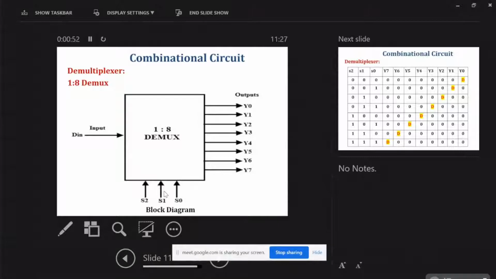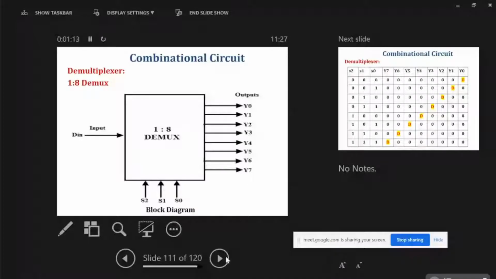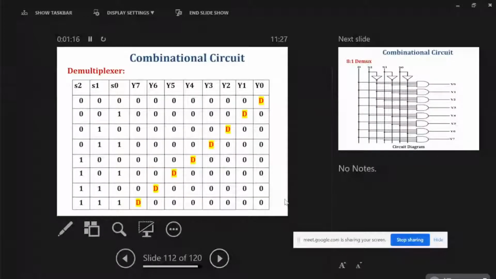On the basis of the combinations of those 3 selection lines, we need to prepare a truth table for the 1 cross 8 demultiplexer. So we will see how to prepare it. Here we have 3 selection lines S2, S1, S0.